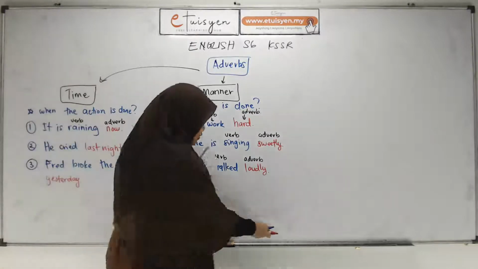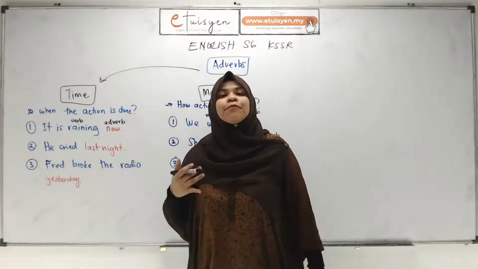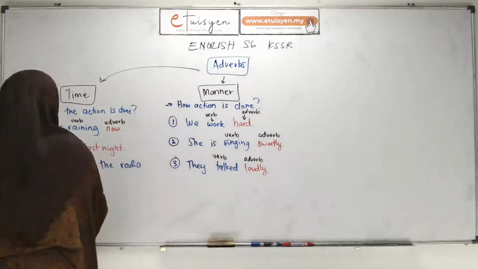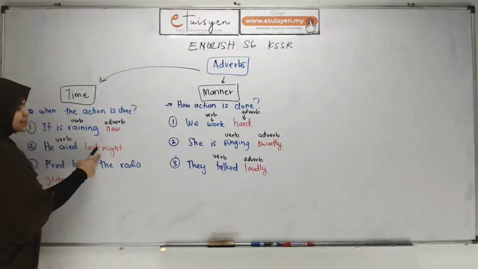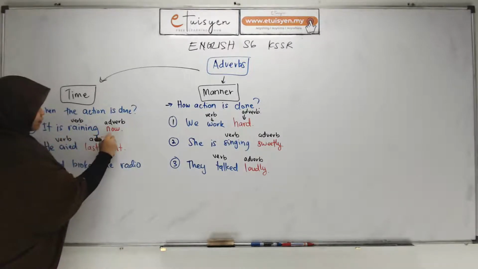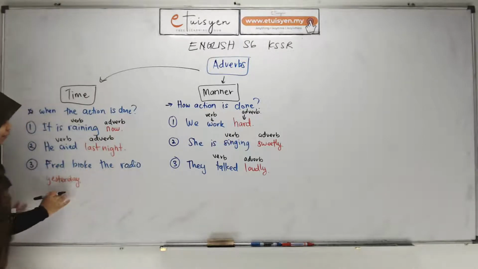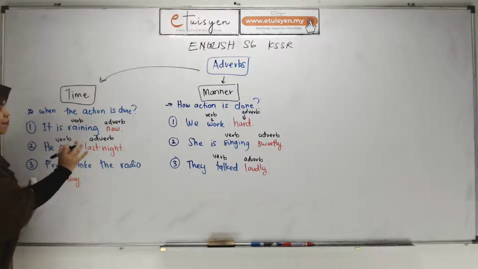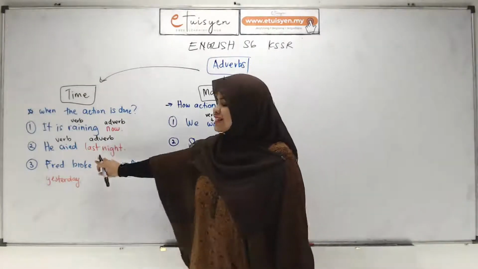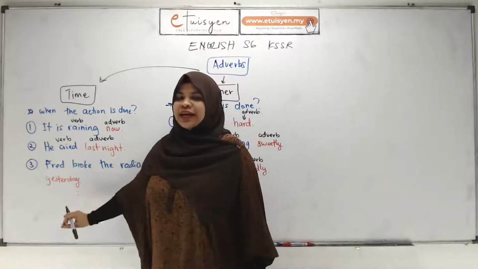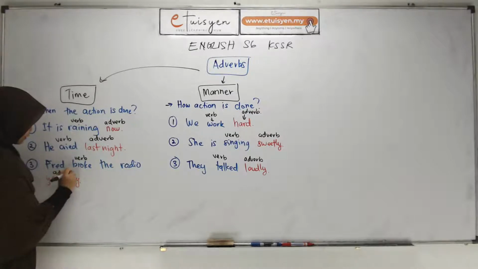Okay, so for this example, so number two. So he cried last night. Semalam dia menangis. Okay, so menangis ni cry. Okay, cry, this is your verb, and this is your adverb. Okay, alright. So third one, Fred broke the radio yesterday. Semalam, okay. Fred broke, dalam bahasa Melayu rosak. Okay, dia rosakkan radio semalam. Okay, so here this is your verb and this is your adverb.